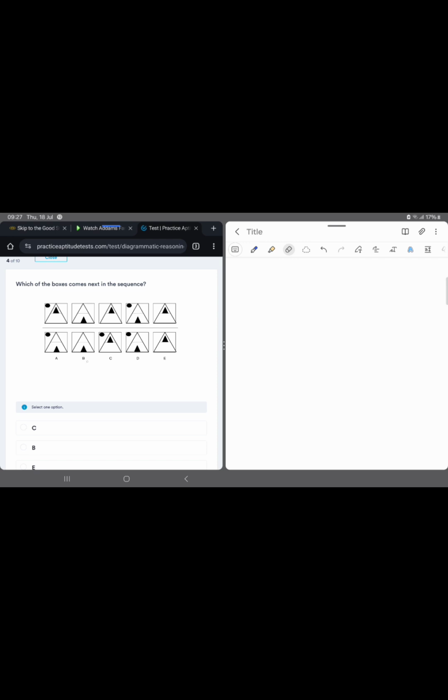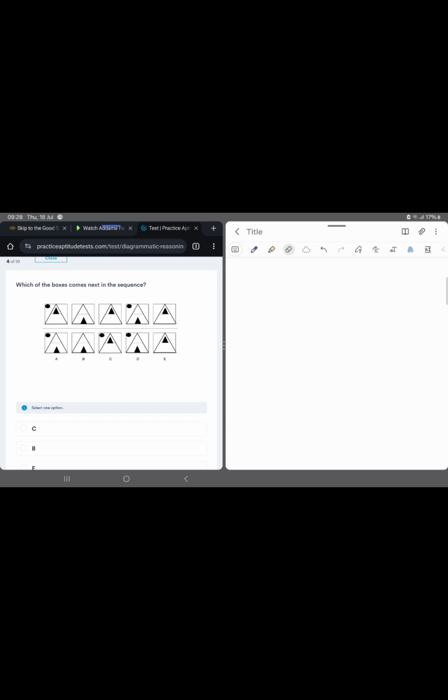That gives us option B and option E. And then the next thing we'll look at is the small triangle. You can see it starts at the top, then it goes down, then goes up, down, then up, and then in our next diagram it has to go down. So that leaves us with option B.